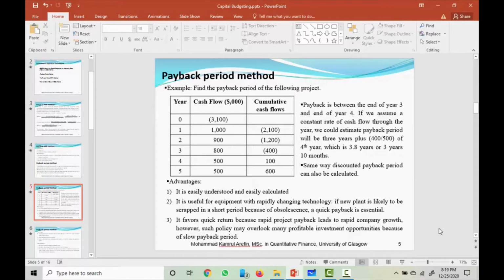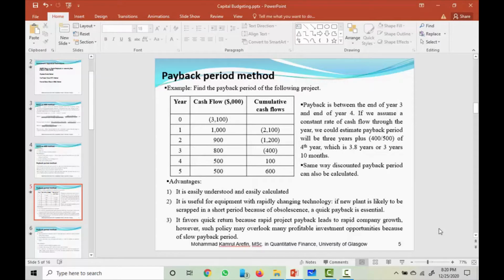If, for example, a project may not necessarily give you quick payback, but it may give you very good cash flows for a longer period.